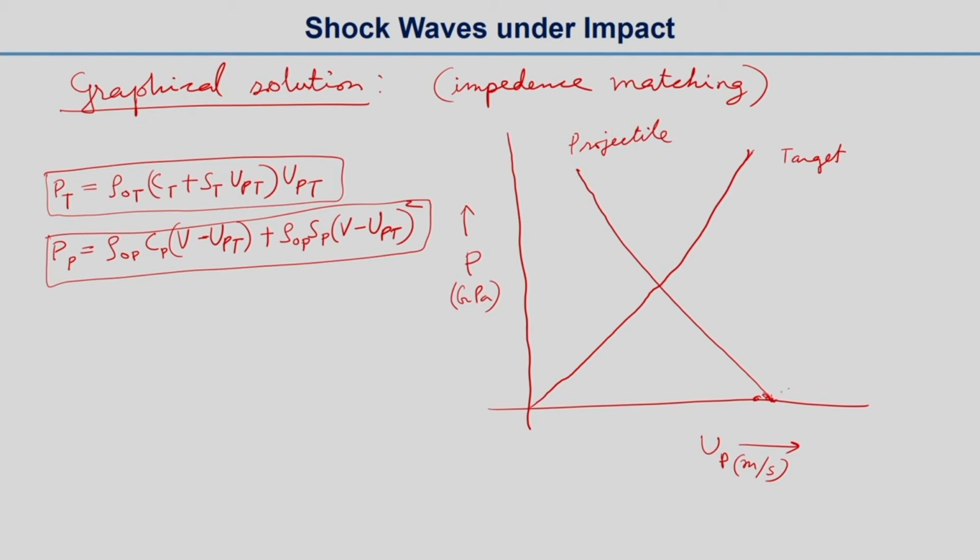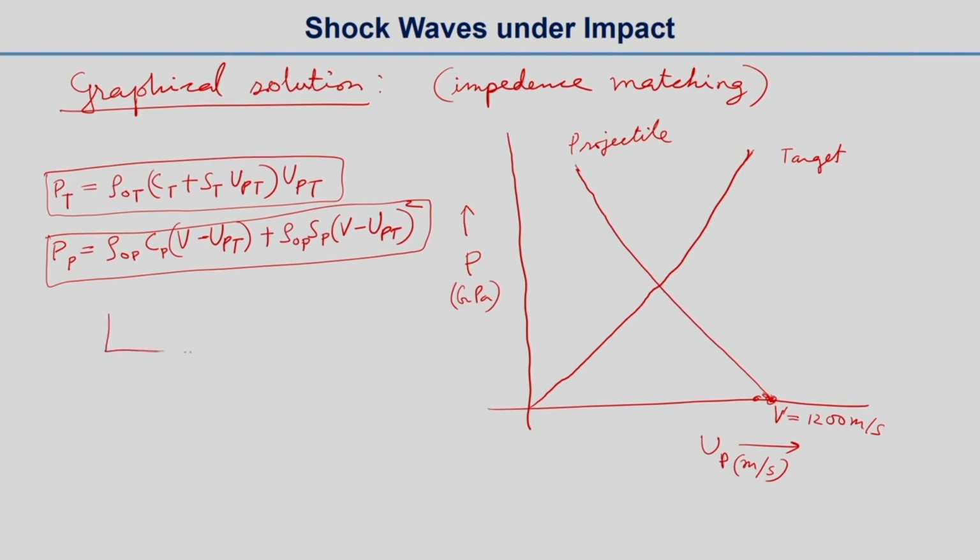As you know, for this projectile, this point should be your impact velocity, that is 1200 meter per second, because the particle velocity UP we are plotting cannot be higher than the impact velocity. It will start from this, and then the particles in the projectile.